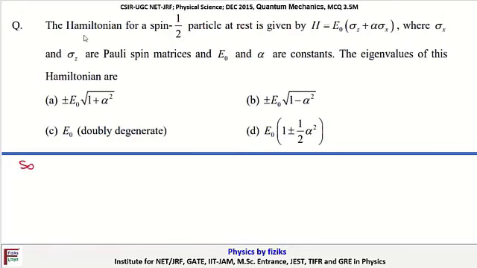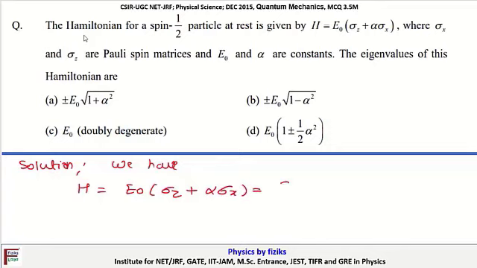So we have H is equal to E0 sigma z plus alpha sigma x, written as E0 times the matrix 1 alpha, alpha minus 1, where we have used sigma z is equal to 1 0 0 minus 1, sigma x is equal to 0 1 1 0.